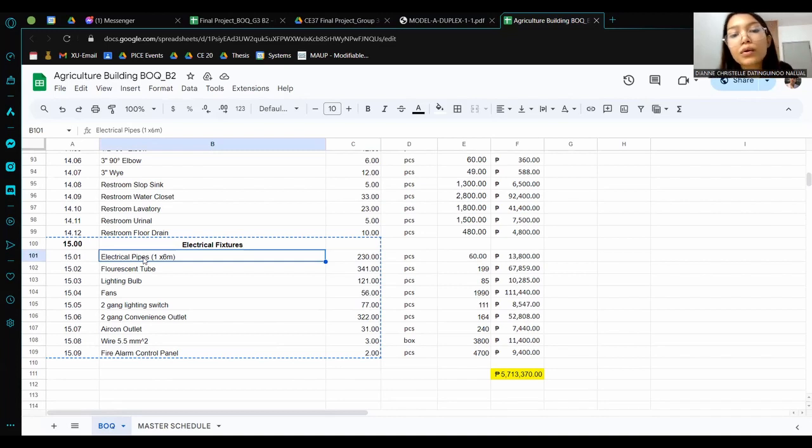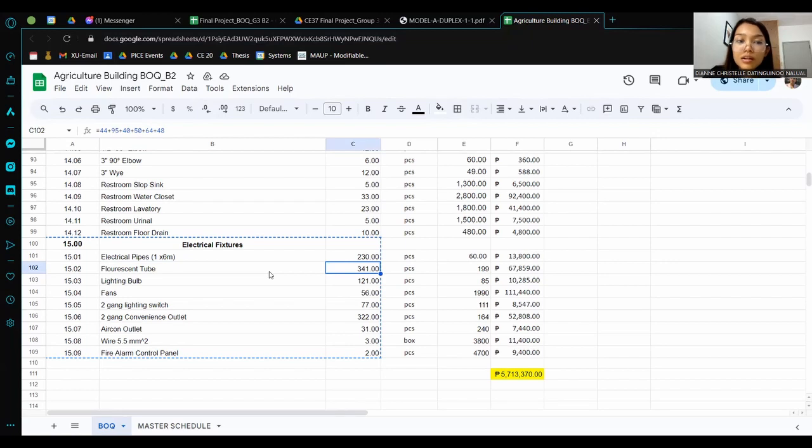So we have 230 pieces of electrical pipes, and it costs 60 pesos each, which is a total cost of 13,800 pesos.